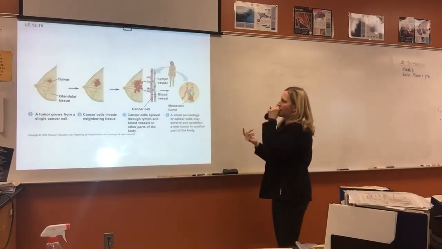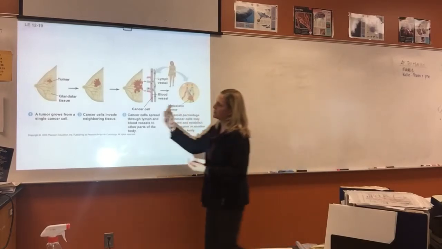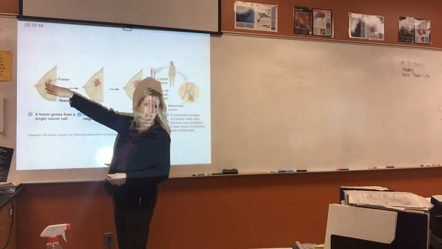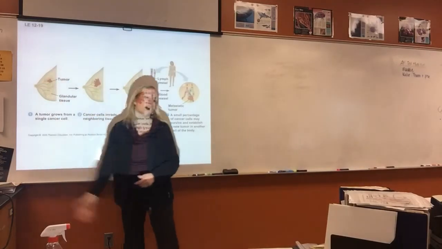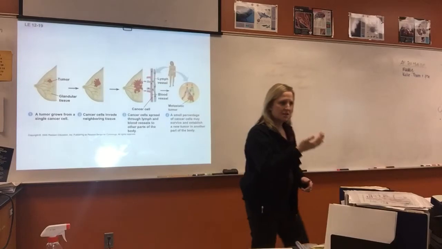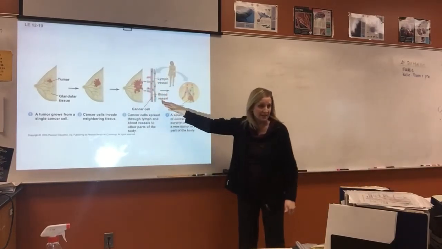All right, and so when finding a tumor, obviously it's best to get it in the early stages, so you can remove the tumor. The earlier the stage, the better chance that it hasn't invaded the tissue or metastasized yet.